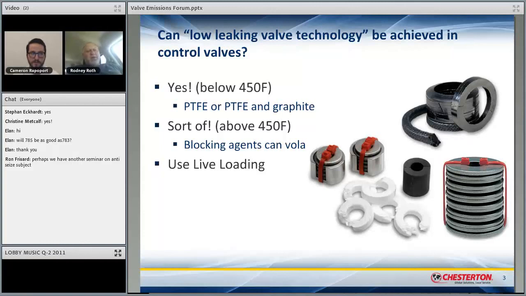So everybody agreed that because those temperatures were low, it wasn't going to matter anyway. But as I stated earlier, I know for a fact, and we've done some testing in the Chesterton lab, that you can have an 800-degree process flow temperature and a stuffing box temperature of 400, because the process does not enter the stuffing box.